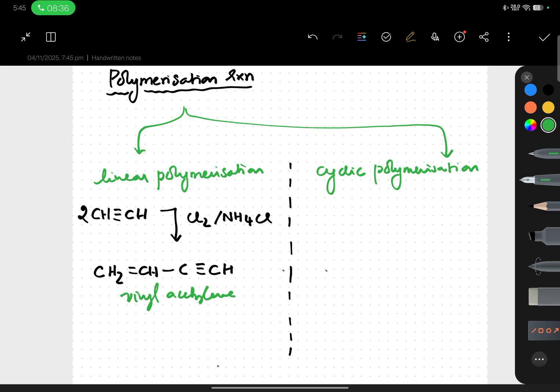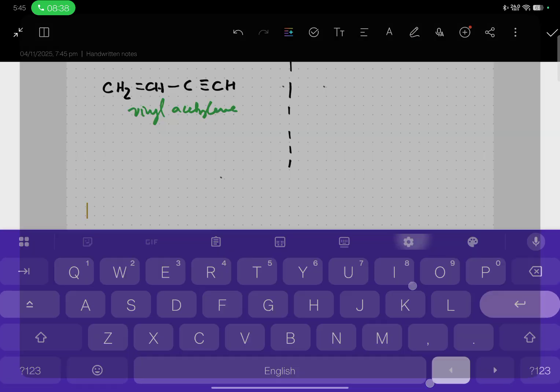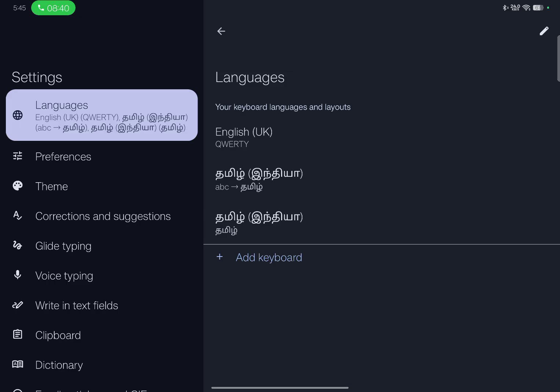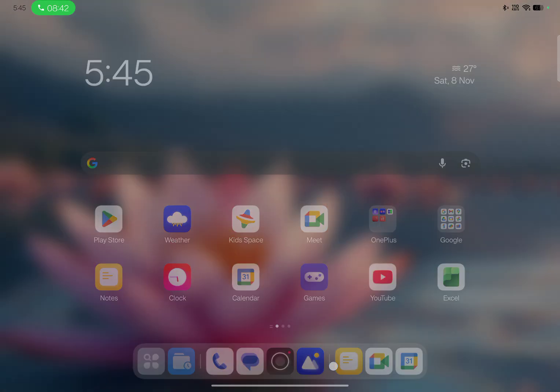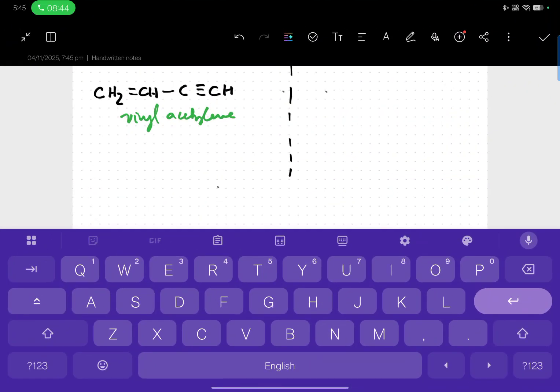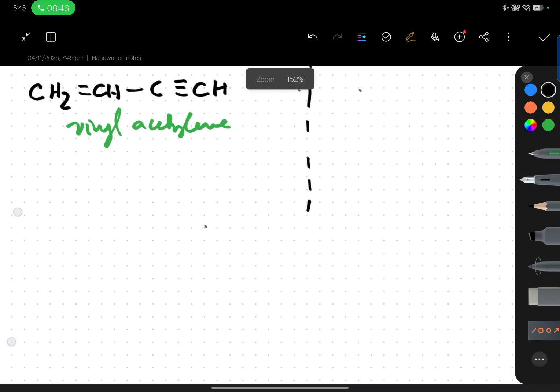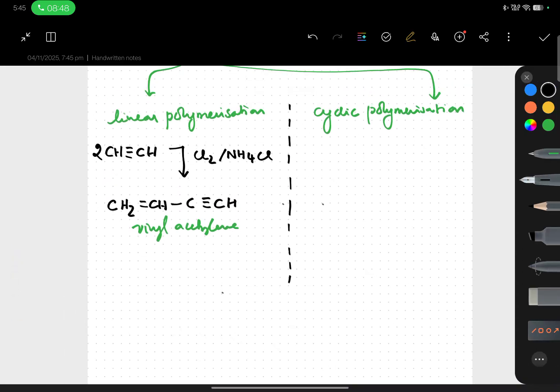The other way, you take 3 molecules of acetylene like this: CH triple bond CH, CH triple bond CH, CH triple bond CH.